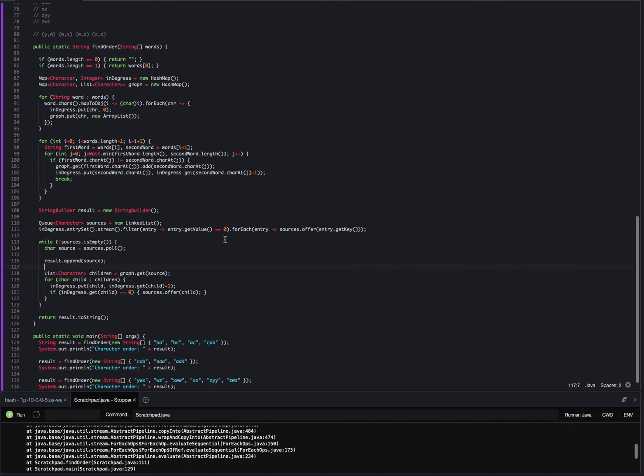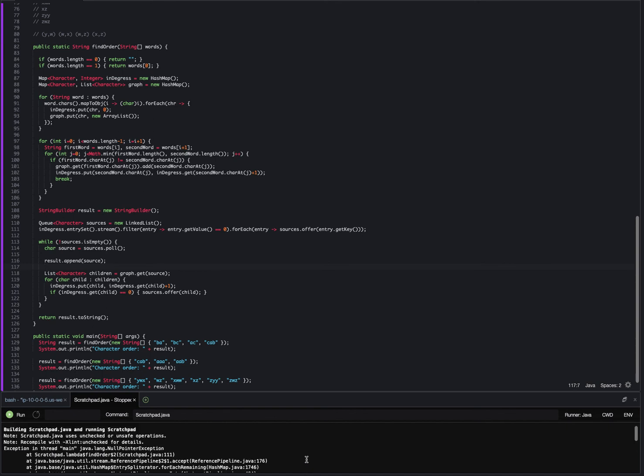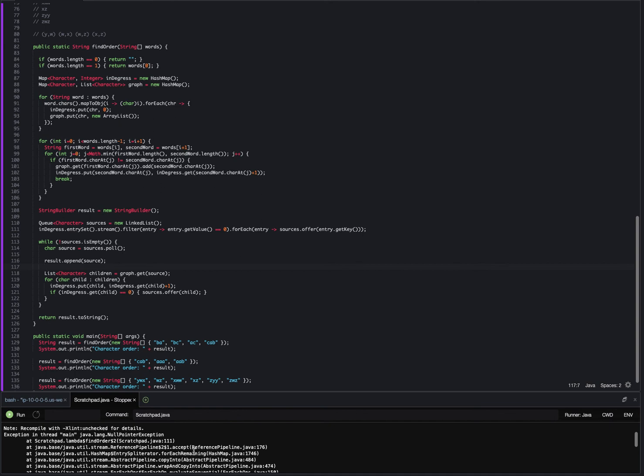It's creating a null pointer exception. I wonder if it's failing at the filter step or the forEach step. Okay, seems like it's failing at the forEach step from the stack trace.